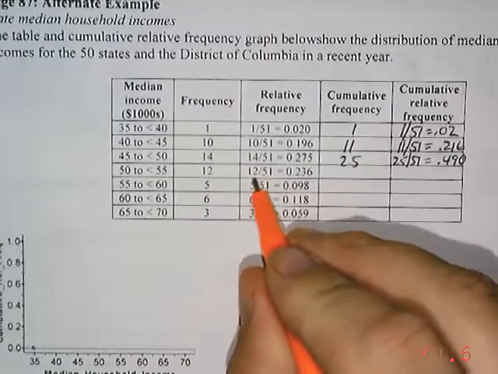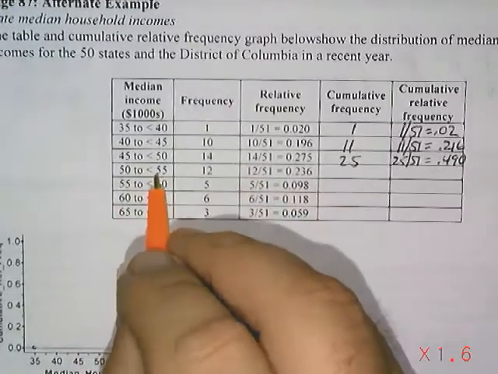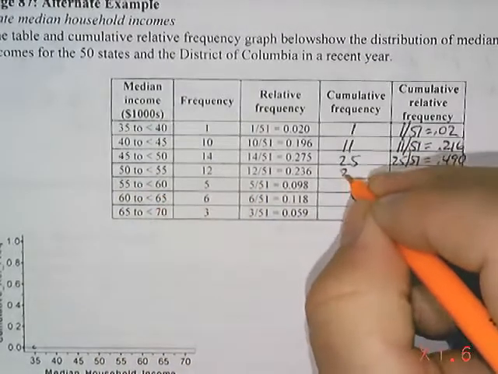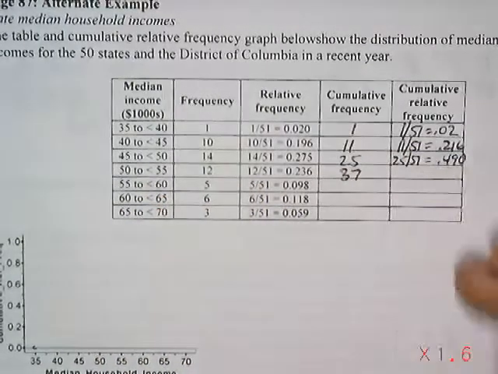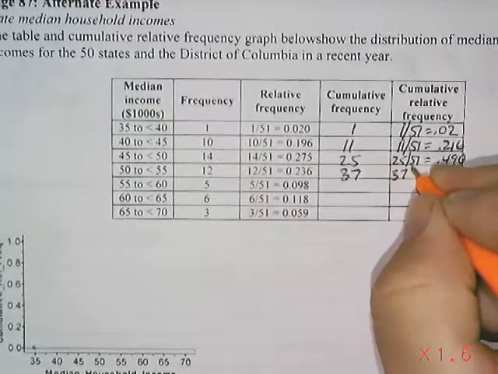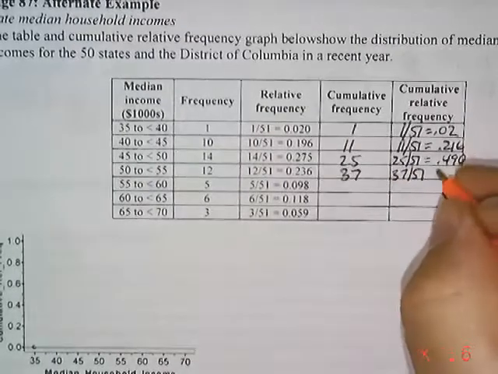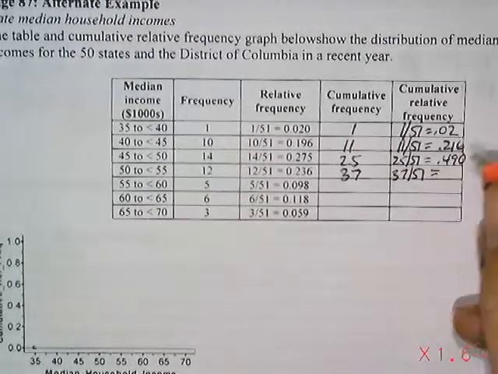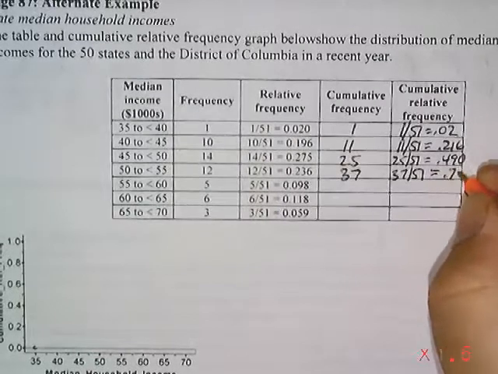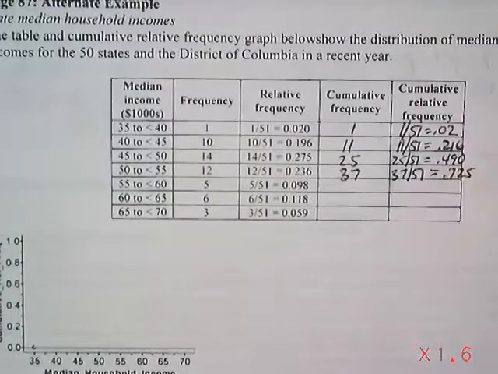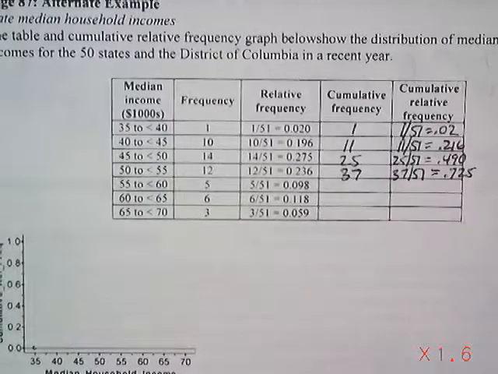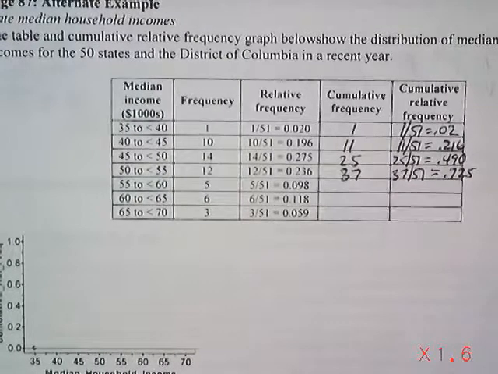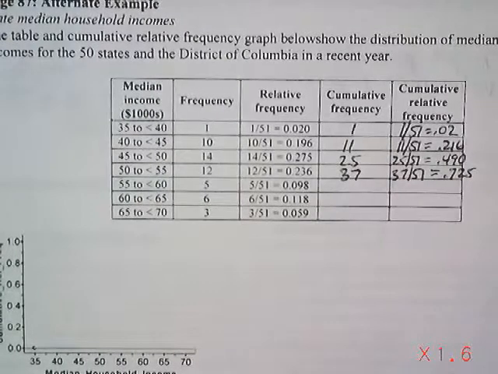0.725 for less than 55. Here's 0.7, and 55, somewhere about here. 0.824 for 60,000, so a little bit above 0.8 is here, and a little bit above that might be right about here.